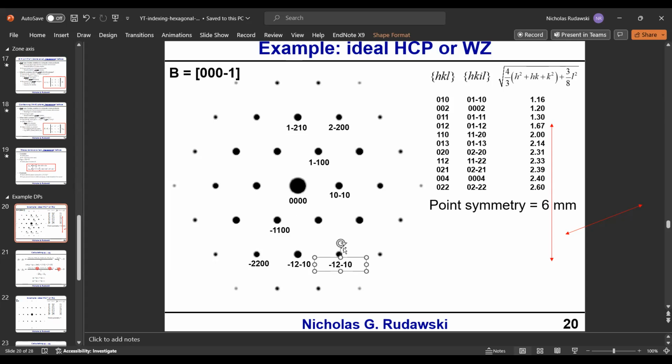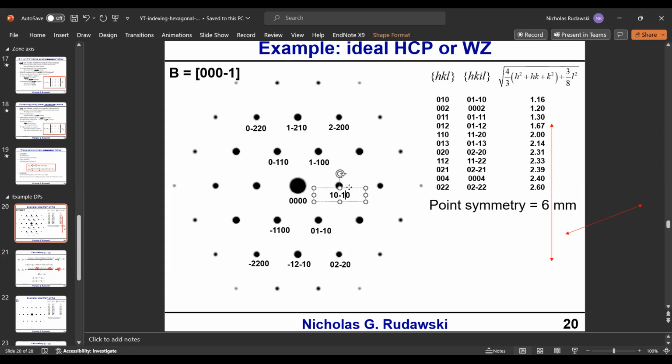This is the sum of these two. So I end up with 0, 2, 2 bar 0. This is half of this one. 0, 1, 1 bar 0. And now based on the rest of this, I'm just taking opposites. So -1, 1, 0. Zero, 2 bar, 2, 0.